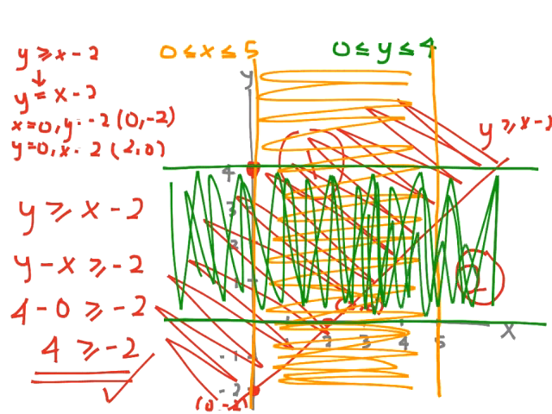Okay, now after you have all the three inequalities shaded for their areas, the next step is to identify the part that has all the colors, meaning the part that has all the shaded areas for each inequality.